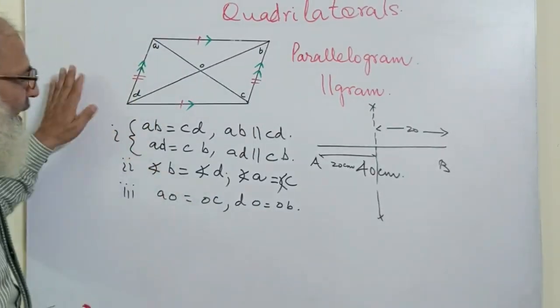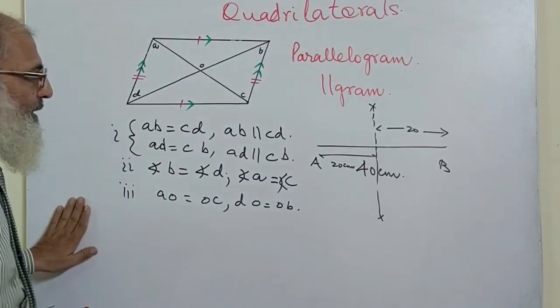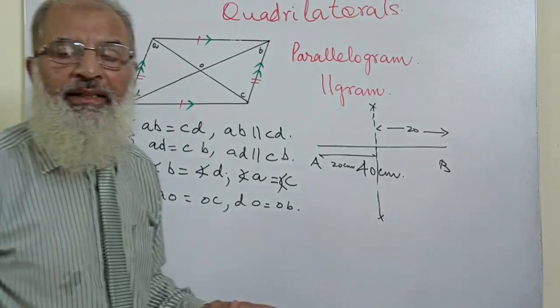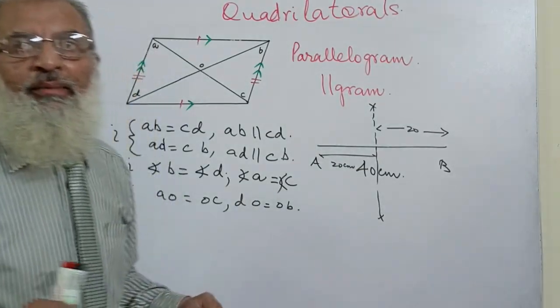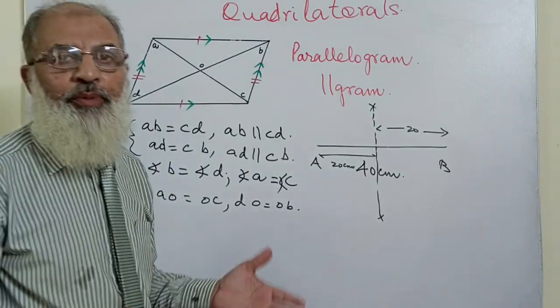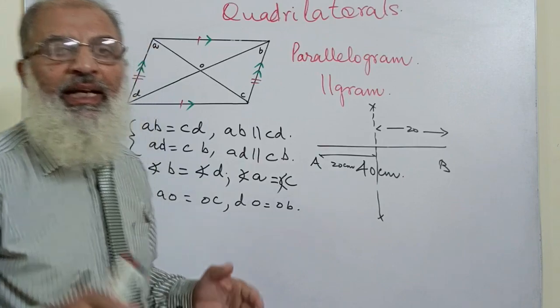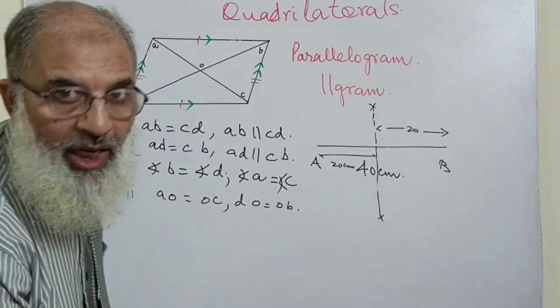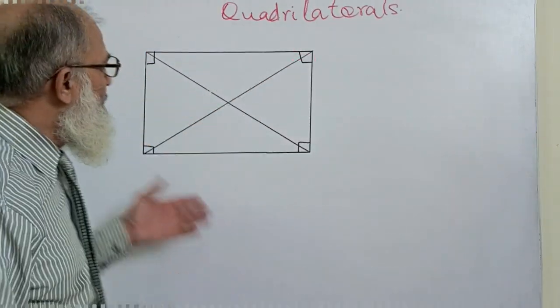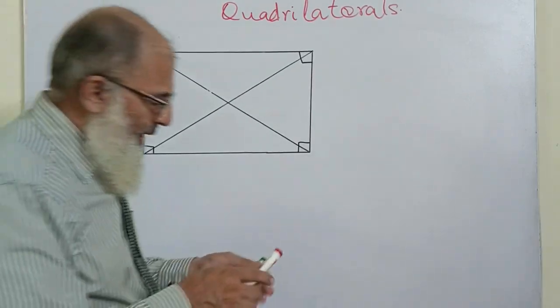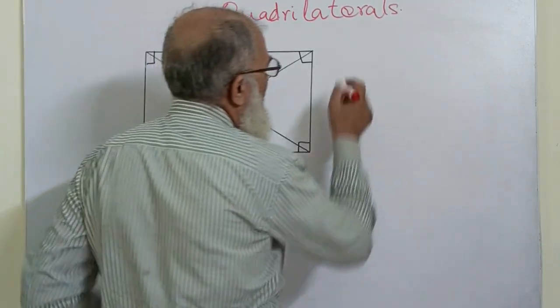Now I told you that these are the properties of a parallelogram. Now we'll find all of these properties in our upcoming figure, and that is the rectangle. Let's see how. Now dear students, I have drawn another figure for you, and it is called a rectangle.